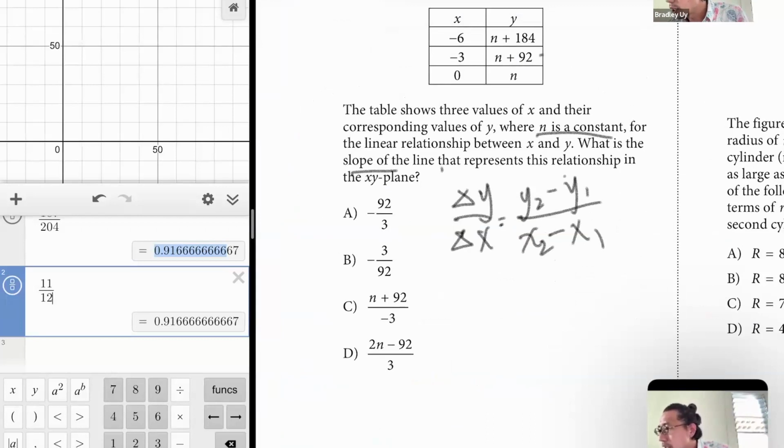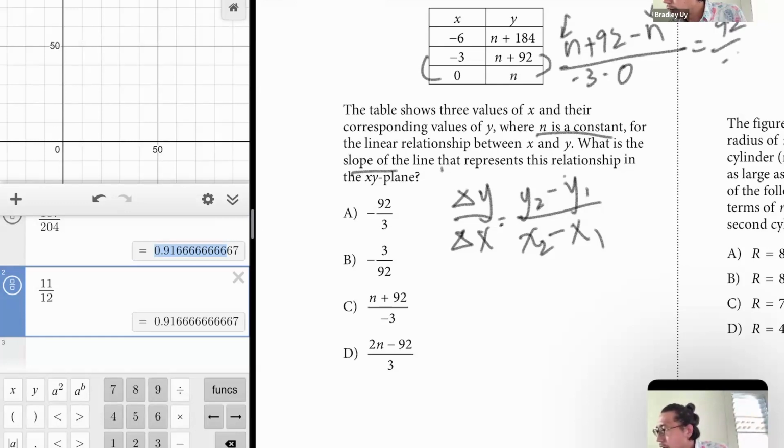So if I took this top one minus that one, that's n plus 92 minus n over change in x, which is -3 minus 0. These n's cancel, which leaves 92 over -3. The answer is A.